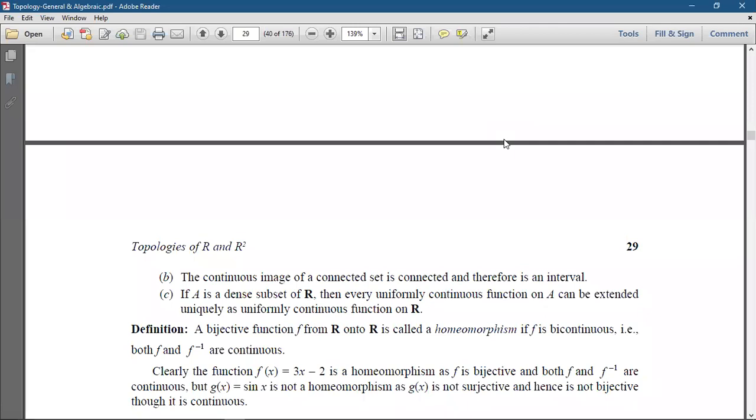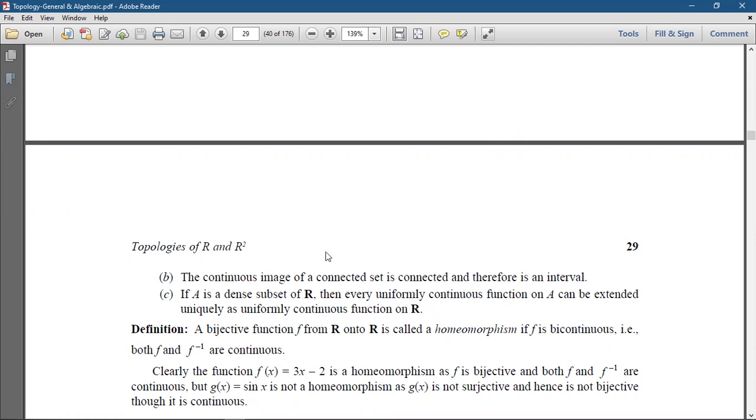The next one is the continuous image of a connected set is connected, and therefore an interval.